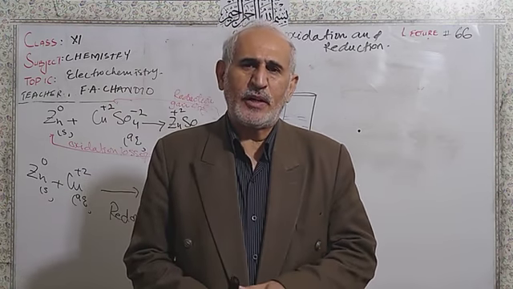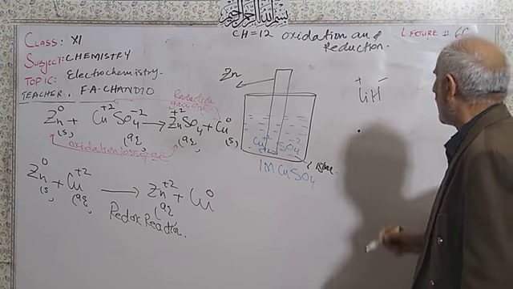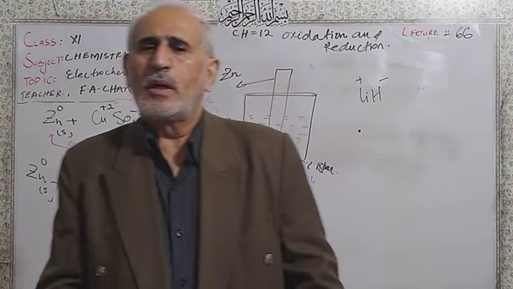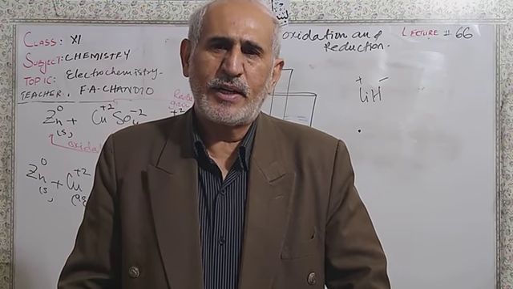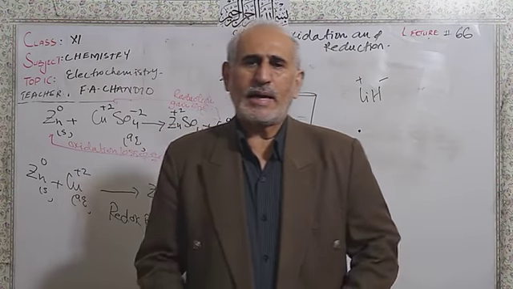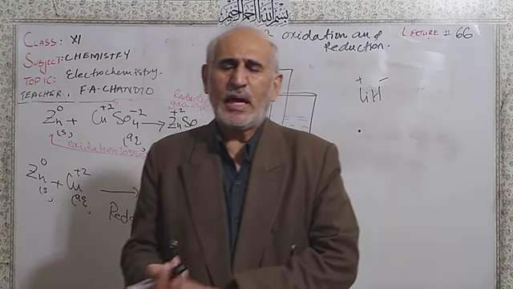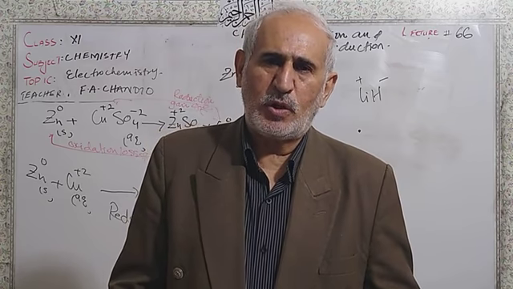Hydrogen is mostly positive 1. But in the case of metallic hydrides, such as calcium hydride, lithium hydride, magnesium hydride, hydrogen is negative 1; otherwise it is positive 1. I am repeating again: gases such as oxygen and nitrogen have 0, and a metal atom independently has oxidation number 0.